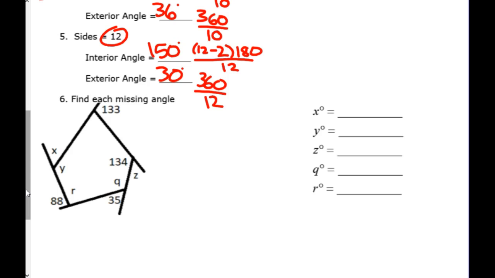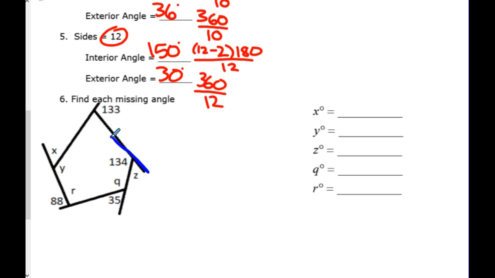How many degrees are in a straight line? 180, right? So what you want to do is look for any of these missing variables that are next to an angle that make a straight line. So for example, letter Z, like X and Y, that's not going to give us any numbers, so forget that for now. But Z makes a straight line. What kind of pair is that? A linear pair.